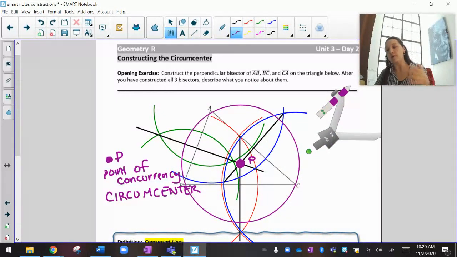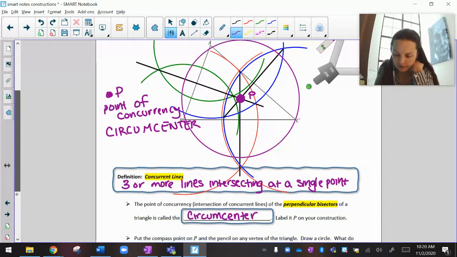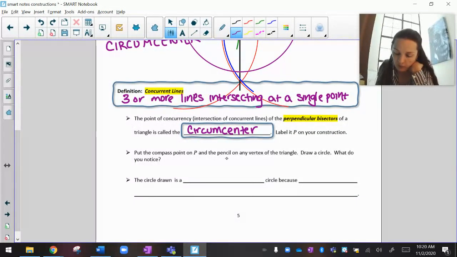And what should happen, or at least be very close, is that the circumcenter is equidistant from each vertex. If you draw that circle, it should touch every vertex. Now notice mine isn't perfect, and that's okay. But we want it to get as close as we can here. All right, so put compass point P and the pencil on any vertex, draw a circle. What do you notice?